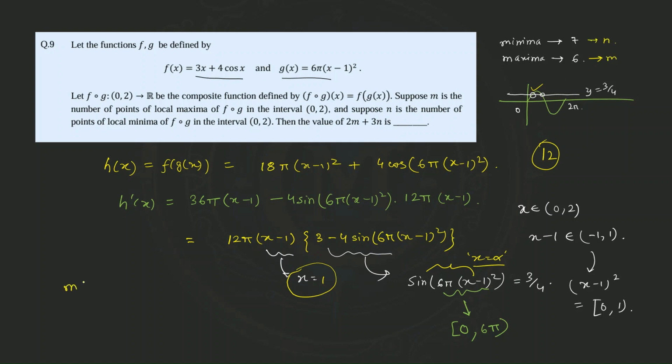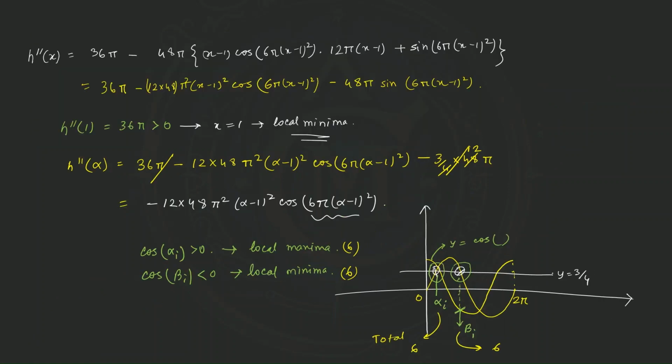So 2m plus 3n will be the required value, so it will be 12 plus 21. That means 33. So the correct answer for this question will be 33. This was altogether a very good question on maxima and minima.